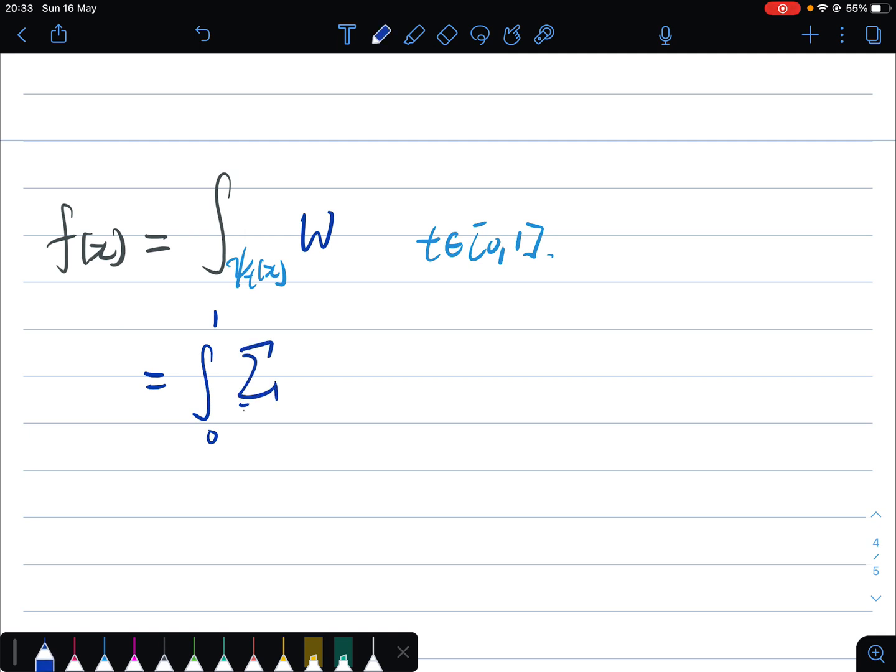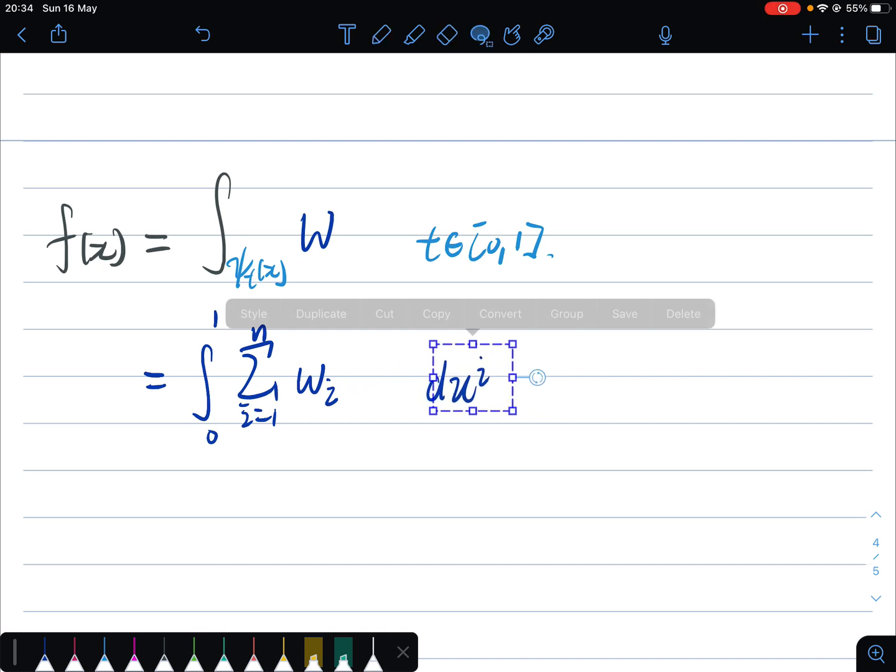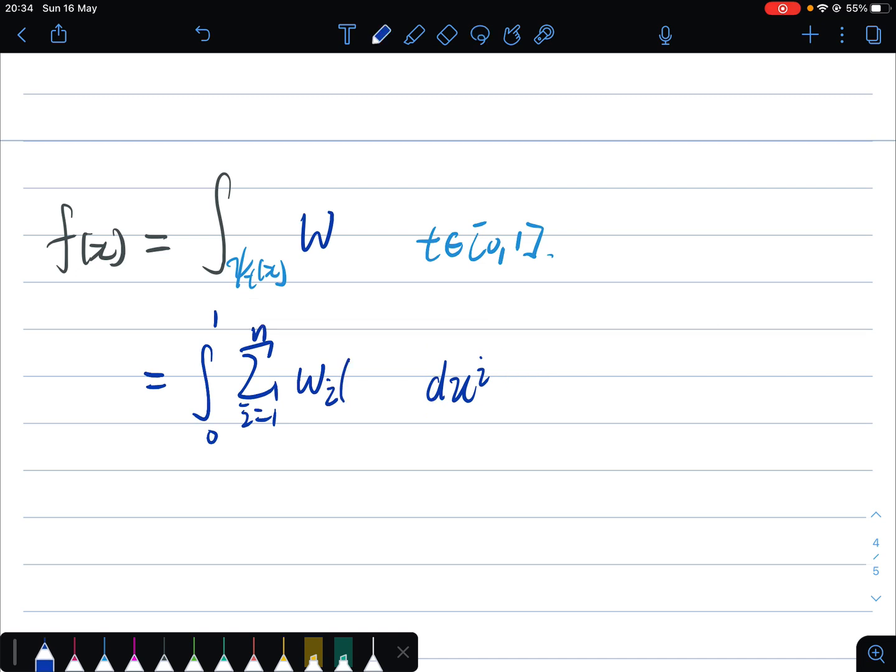And omega i is also along the psi curve.